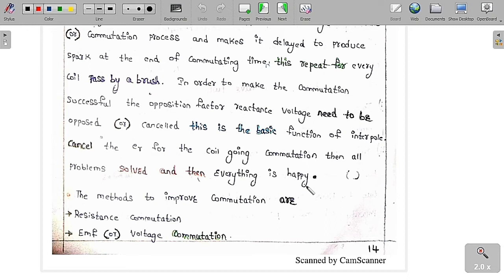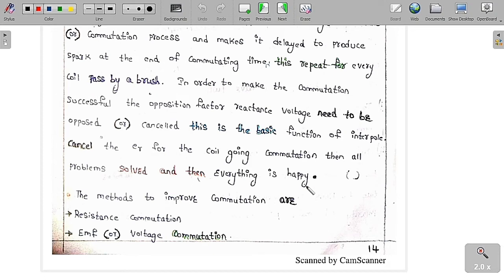Otherwise, it is said to be delayed commutation or nonlinear commutation, which produces sparking at the trailing edge of the brush. Practically, the coil undergoing commutation has a small inductance, and due to the change in current, a voltage is induced in it, called the reactance voltage. According to Lenz's law, it will oppose the change in current or commutation process, making it delayed and producing a spark at the end of the commutating time.